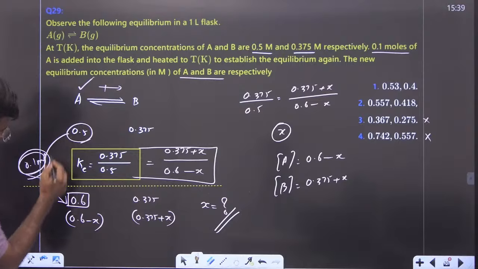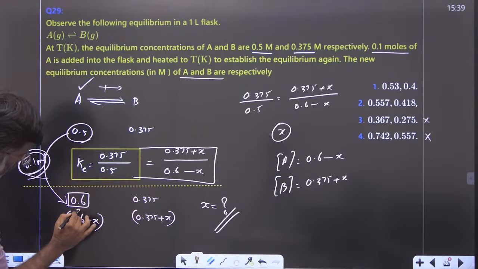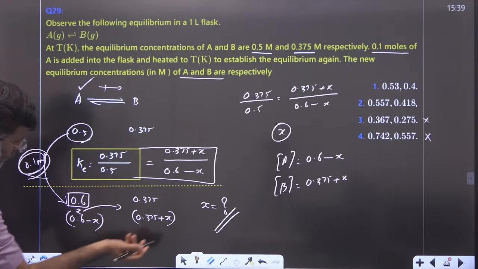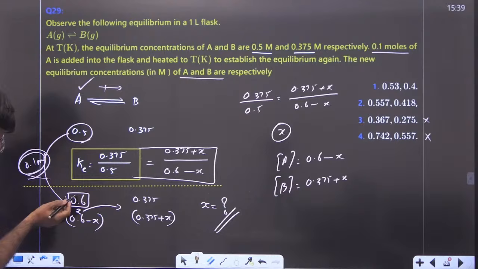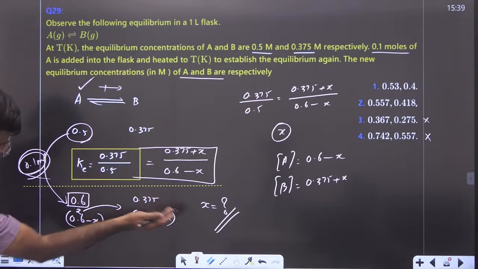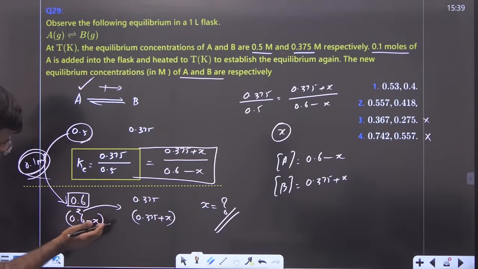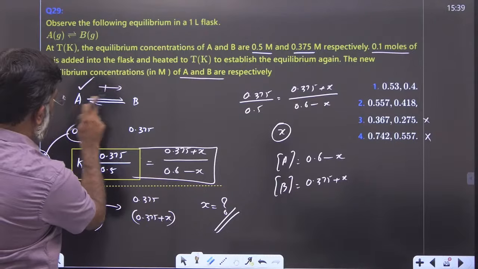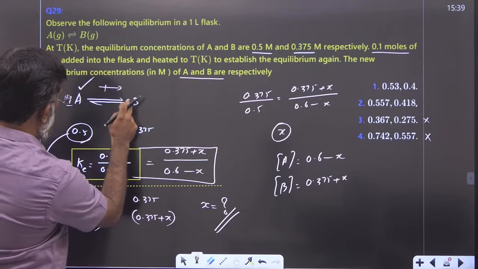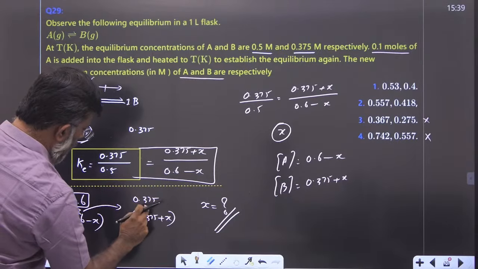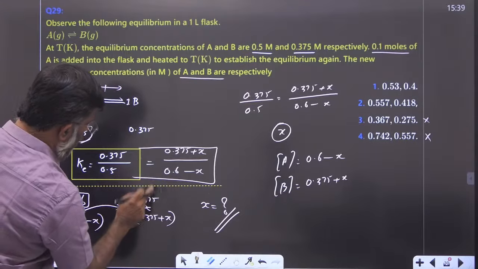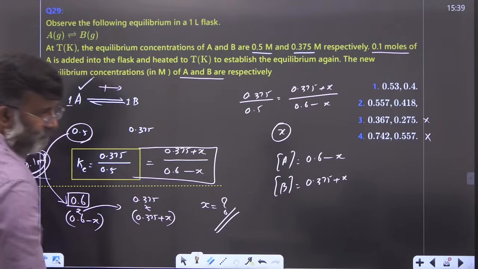Imagine X converted to that side. So 0.6 is available, X gone to that side, remaining 0.6 minus X. X comes here: 1 mole gives 1 mole, so X mole gives X mole. So the quantity is 0.375 already available plus X.